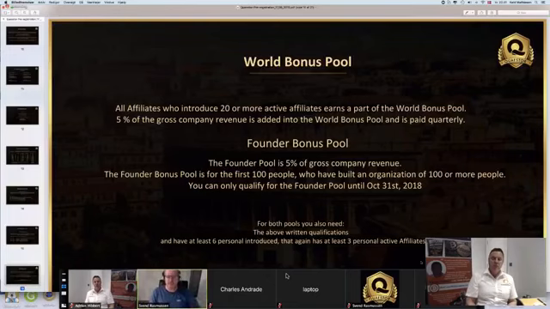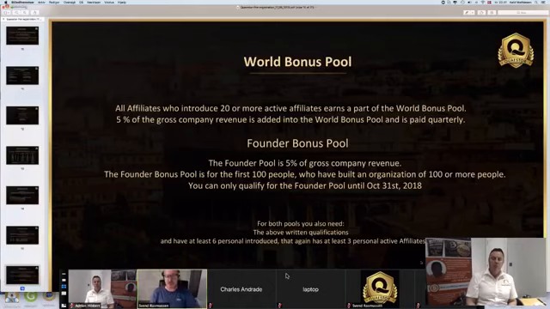But there's 100,000 members in the company, and they use one product at 10 euro, at 100 euro. Then there's 1 million euro in these two pools, 500,000 in each. And those 50 people that are founders or have earned the Founder Bonus Pool, they will share those 500,000 euro.